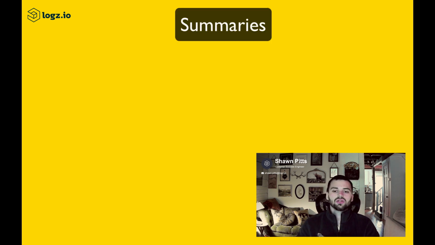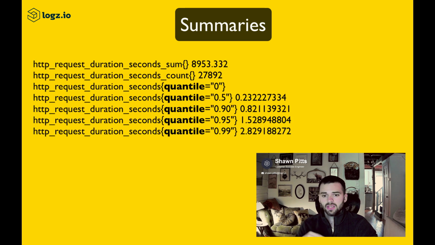Summaries, moving on, are just a little bit different than histograms. They're very similar. However, what they do is they break up the metric using quantile values. So if we look at what a summary metric looks like, you can see that we still get the underscore sum and underscore count. However, we now get quantile labels instead of that LE upper bound.